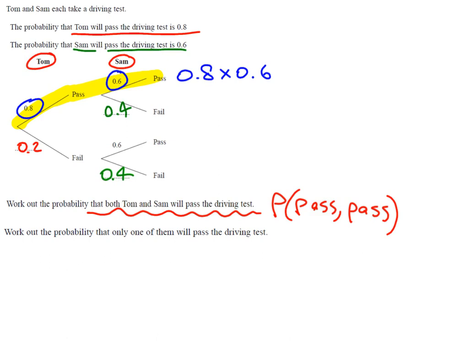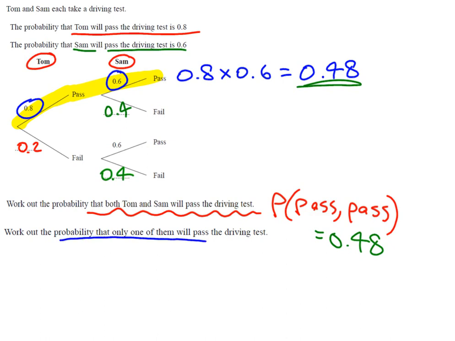You can think about 8 times 6 and then move the decimal place. It's 48, so 0.48. By the way, this will never go above 1 because it's a probability. So that might help you with multiplication. 0.48.